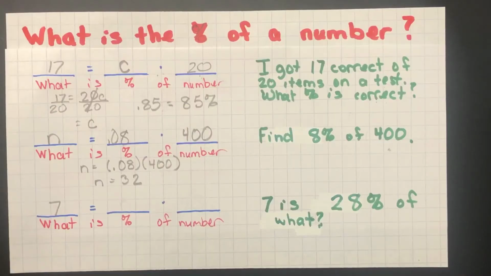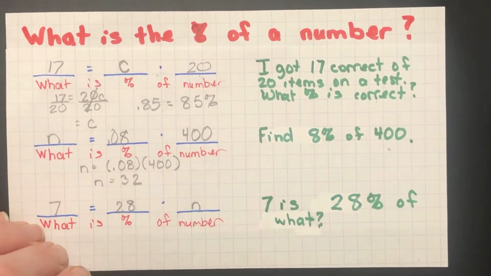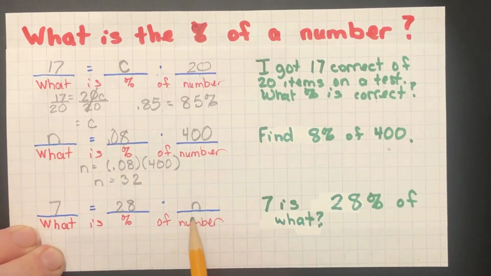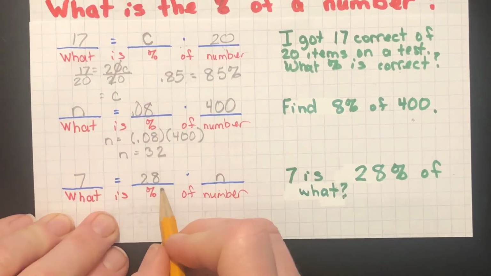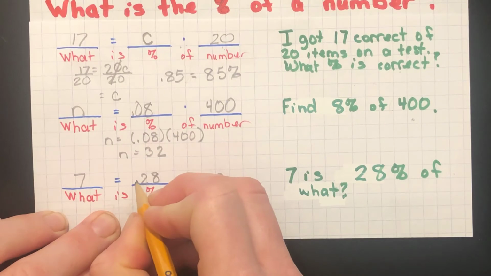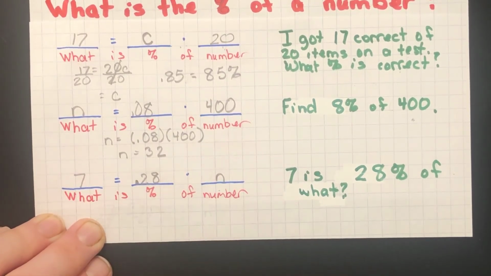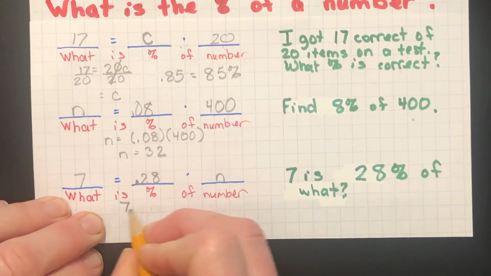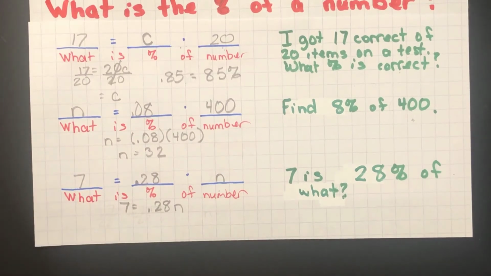Finally, bottom one, 7 is 28% of what? So we know 7 is 28% of, that's what we don't know. So this time, we don't know our final number, the whole number. Before I can compute it, I need to change the percent to a decimal. This is 0.28. As a percent, it was 28, and I moved the decimal 2 places. So my equation is 7 equals 0.28 times n.